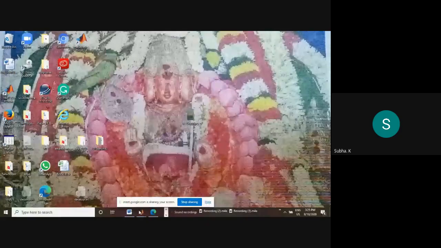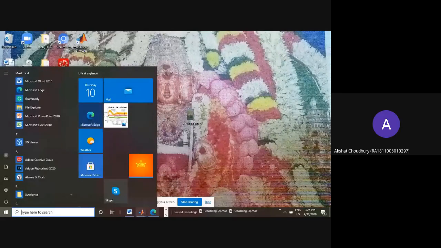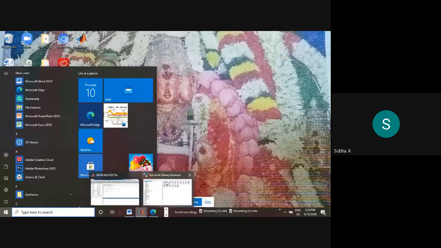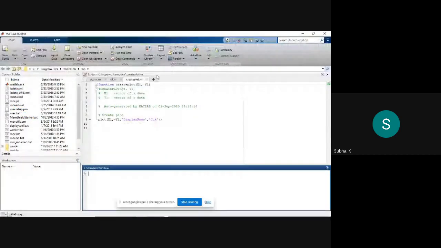I'm finding it difficult to open that MATLAB editor. I will show rather than waiting for my MATLAB to open. Okay. So this is my editor window. All are able to see that editor window? Yes, ma'am, we can see.